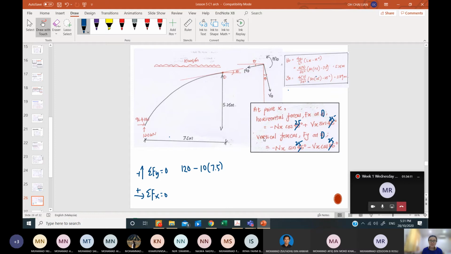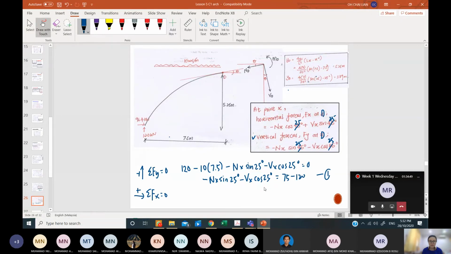And then with my vertical components here, minus Nx sine 25, minus Vx cos 25, equal to 0. I can create my first equation: Nx sine 25 minus Vx cos 25 equal to 75 minus 120. You can solve for this.